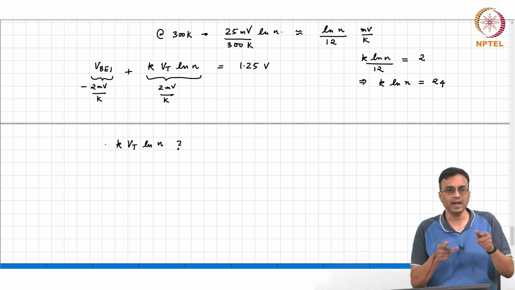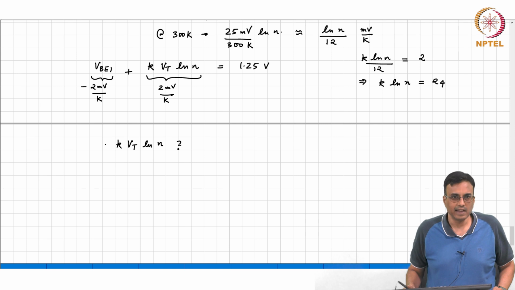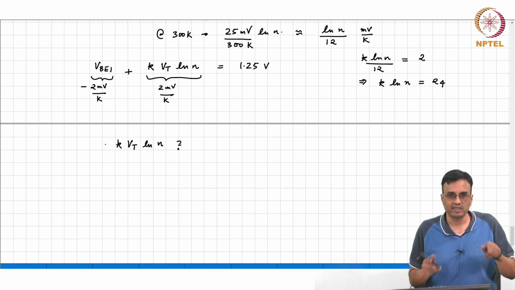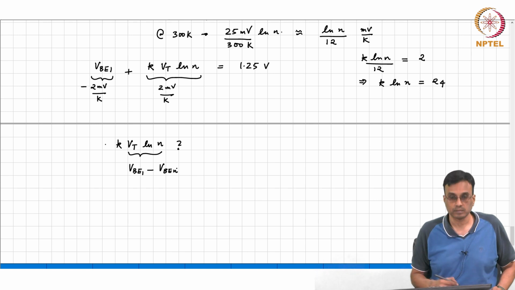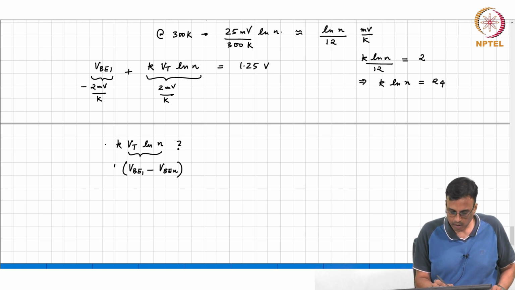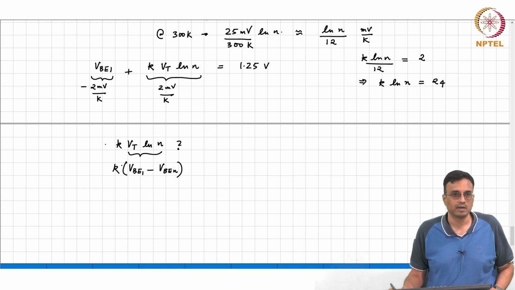The question is, how do I take Vt ln n, which is simply nothing but VBE1 minus VBEn, and multiply this by K?